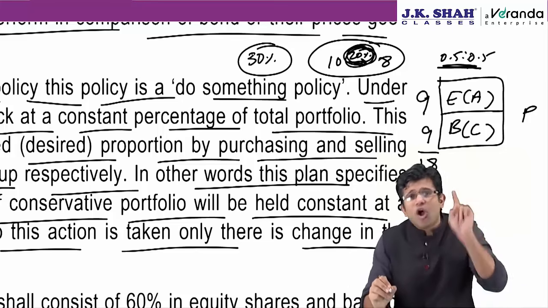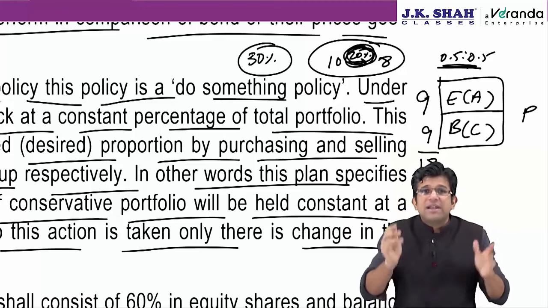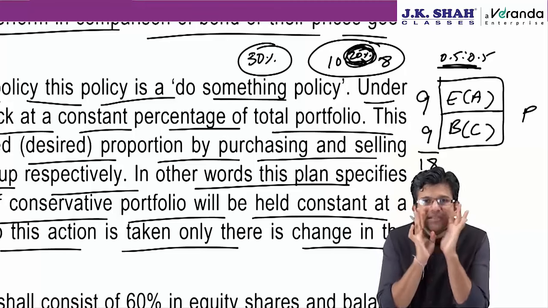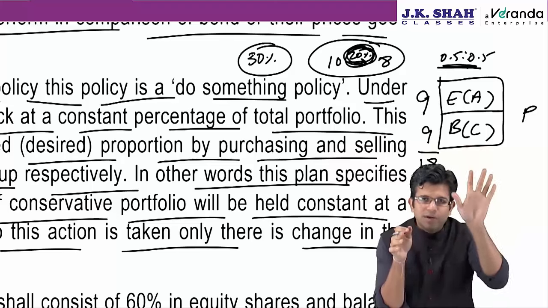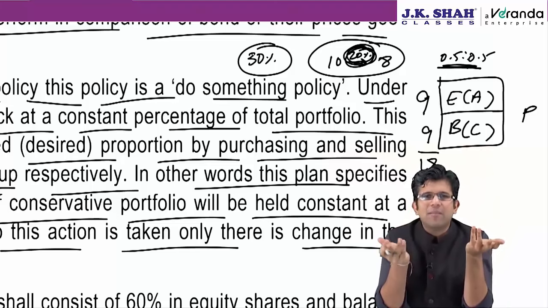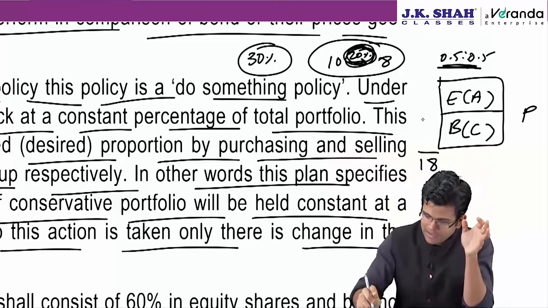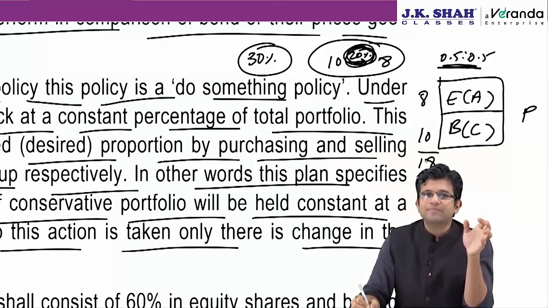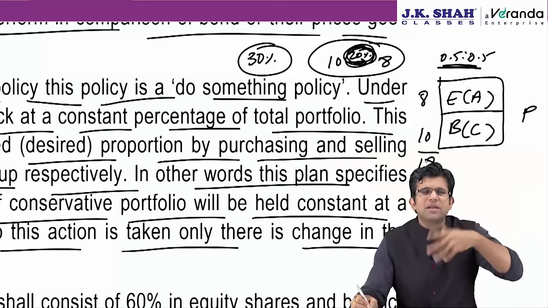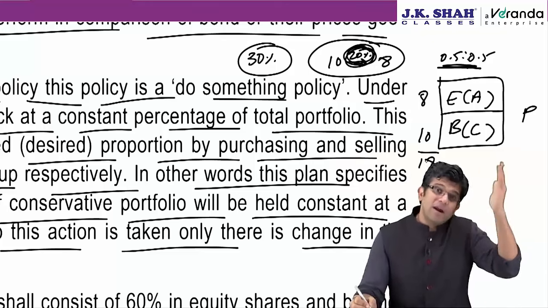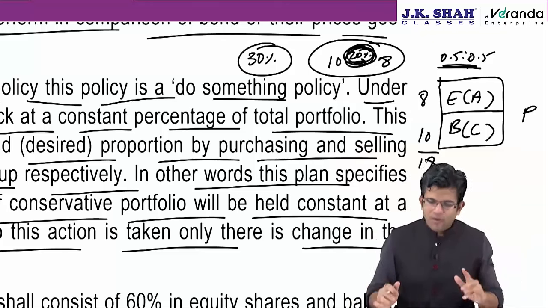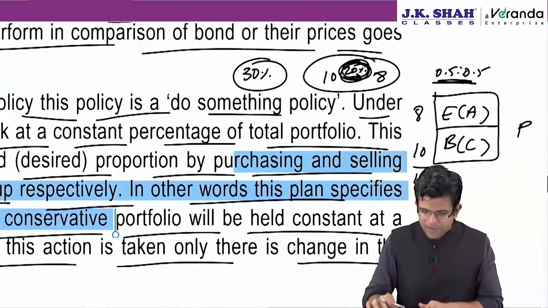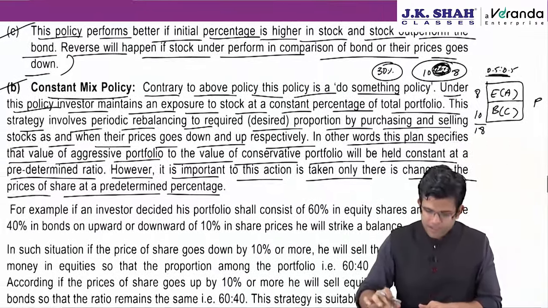So they will not rebalance the portfolio till the time there is a 30% hit, either downwards or upwards. If a 20% hit has only happened, they will say let it be, let it continue to remain at 8, 10 and 18. Don't rebalance because the 20% change is very low. If it is 30% change, then there is a problem. Like that, the question will specify what is good enough percentage hit for you.